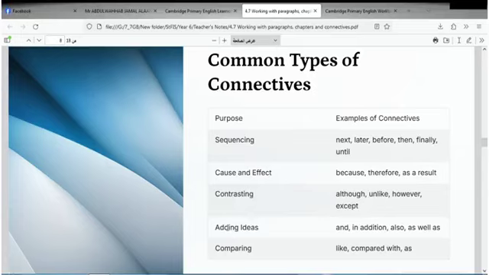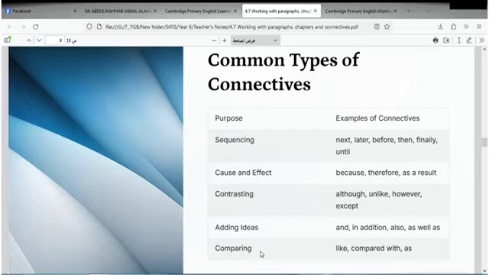I have adding ideas connectives, like and, in addition, also, as well as, beside, additionally, moreover, furthermore. All of these are adding ideas.